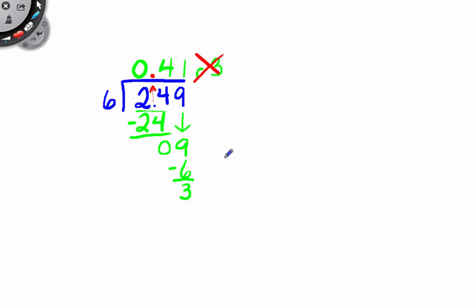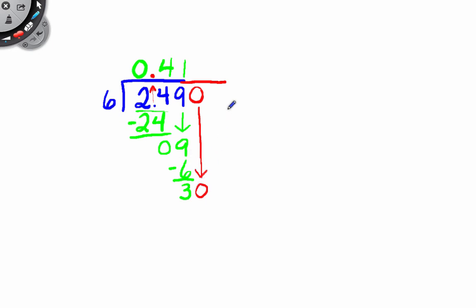We will not have any remainders because we're working with decimals. What we do instead is add zeros, because we can keep adding zeros to the end of our dividend and they won't change the value because it's after the decimal point. So we're going to go ahead and bring down this 0.